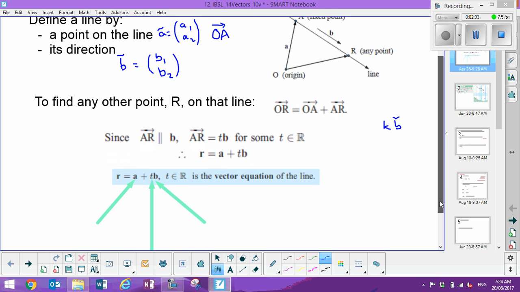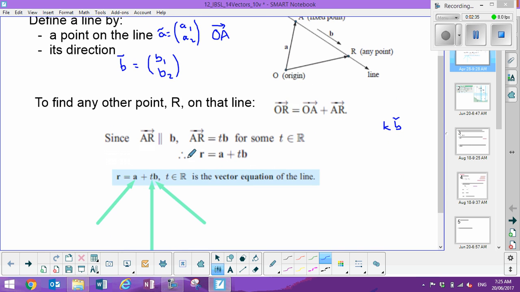So when we come up with our equation, we can say any point R, given by that vector R, can be found by knowing a starting point plus T lots, the parameter, times our direction vector.